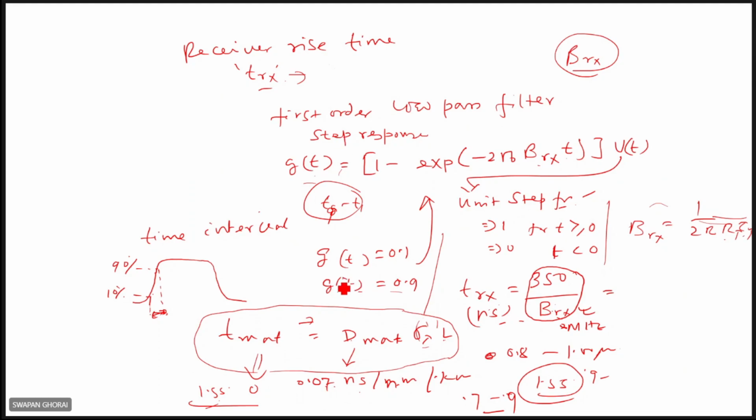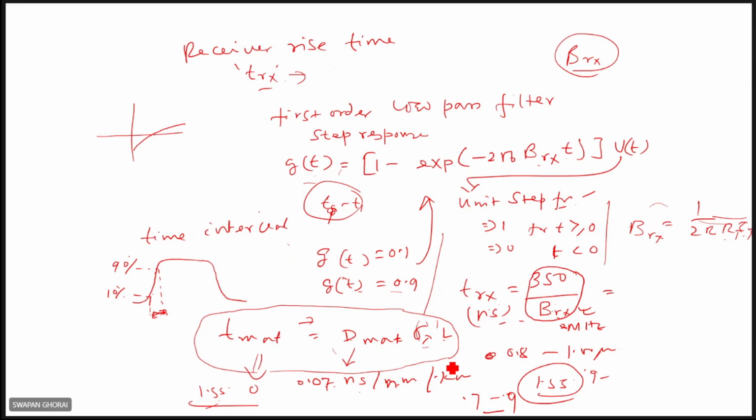But on the longer wavelength side, this whole factor can be considered as 0, because you have seen it. If you see the material dispersion curve, it is like this. In the longer wavelength, say 1.27, somewhere it is 0 for silica. 1.55 also it is very near to 0, so you can neglect it. But if it is the shorter wavelength side, then you have to consider 0.07 nanosecond per nanometer per kilometer. So that is the material dispersion rise time.